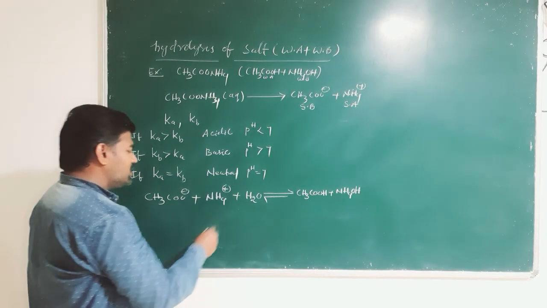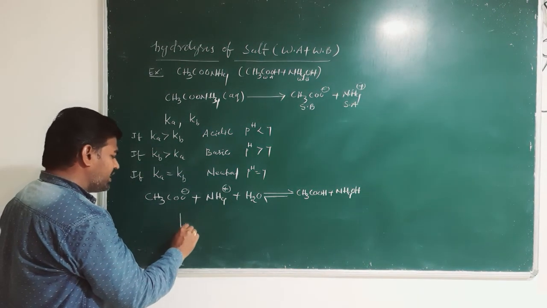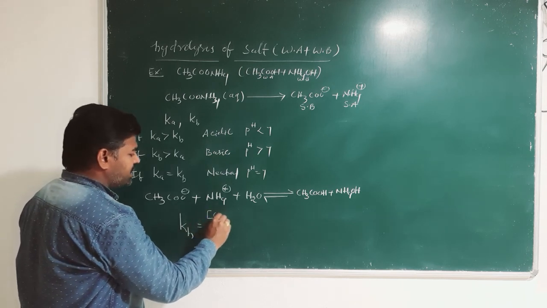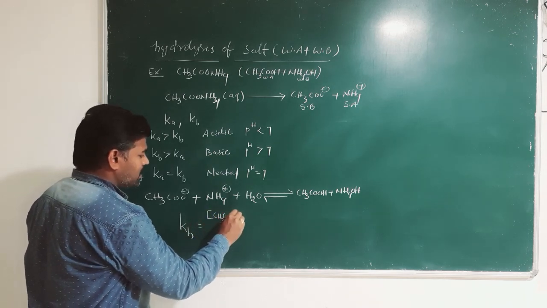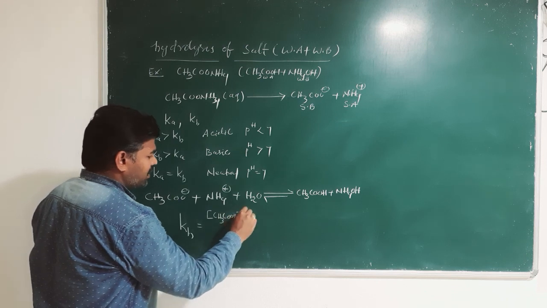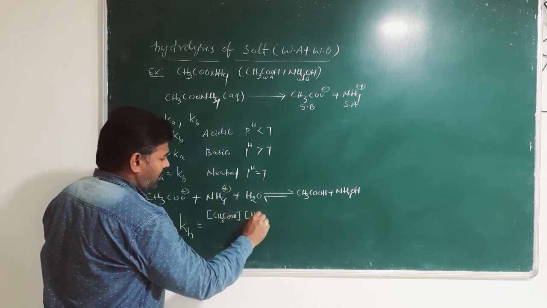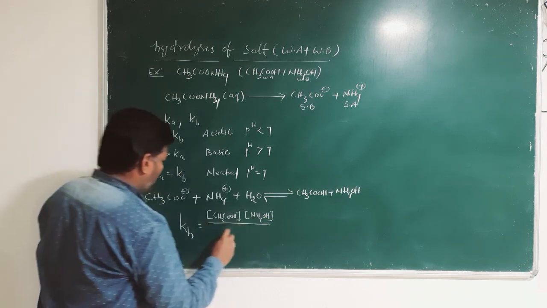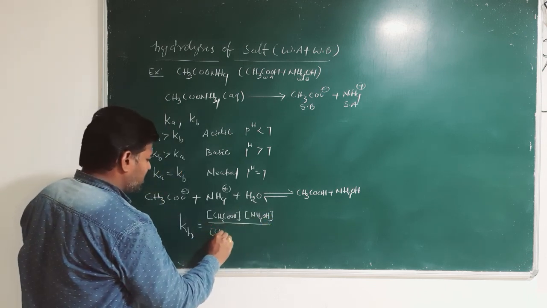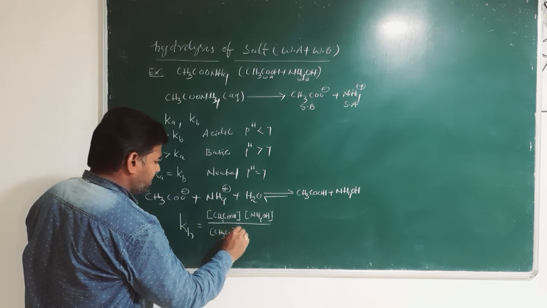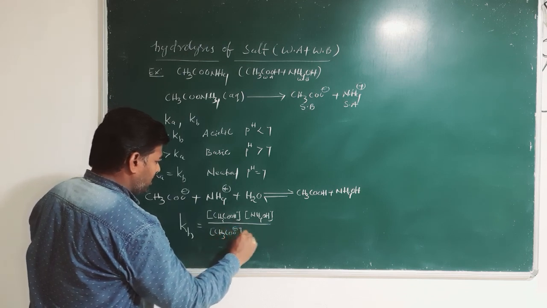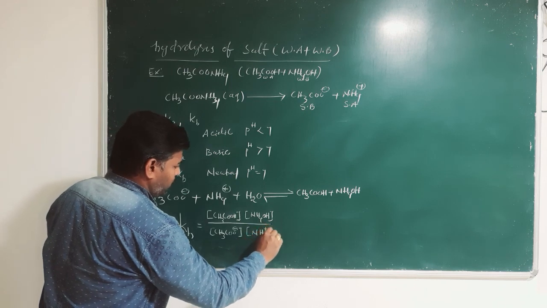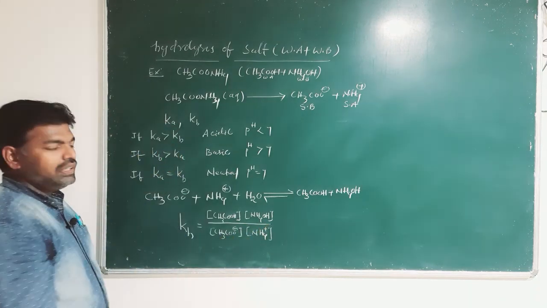The salt hydrolysis constant Kh is given by the concentration of acetic acid CH3COOH and concentration of NH4OH, divided by the concentration of CH3COO minus into the concentration of NH4 plus.